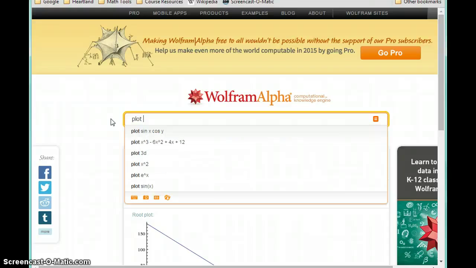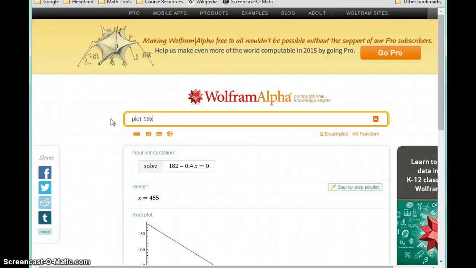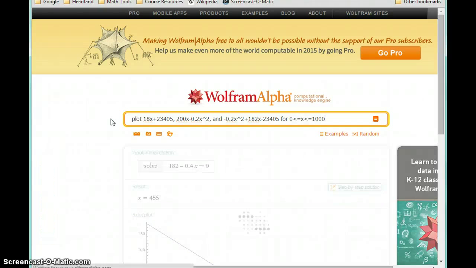So this means we can plot each of our functions, so 18x plus 23,405, and then separating these with commas, we can include our revenue function and then our profit function. And we want to graph this for 0 less than or equal to x, less than or equal to 1,000.